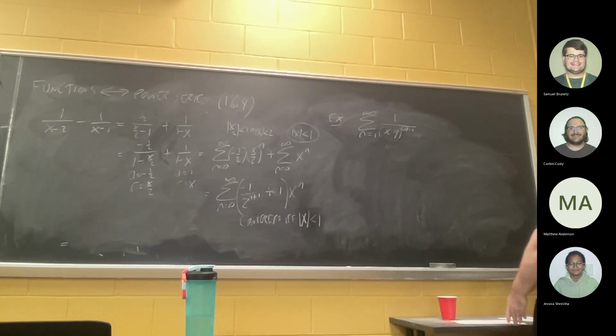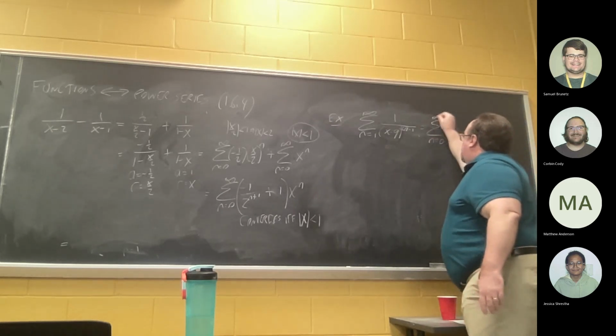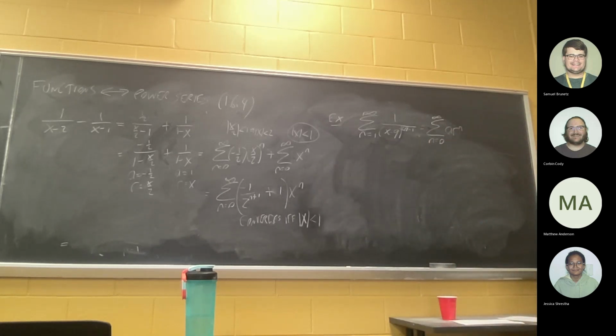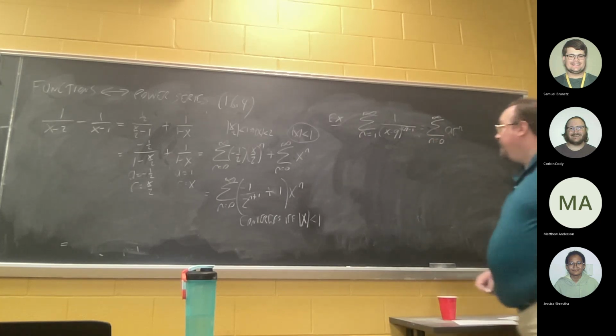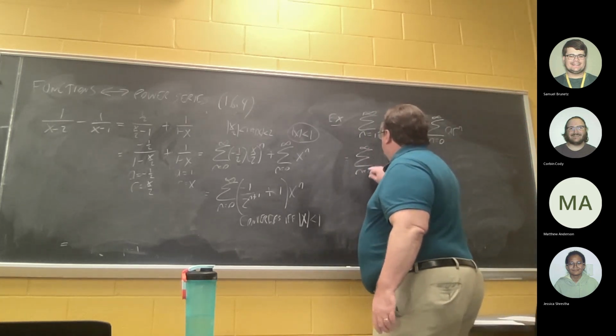So I want to get this into a form, the sum from 0 to infinity of a times r to the n, for some a and r that can depend on x if necessary. So first thing I'll do, because notice I've written the sum here starting at 0, but this one starts at 1, is an index shift. We'll start from n equals 0 to infinity.